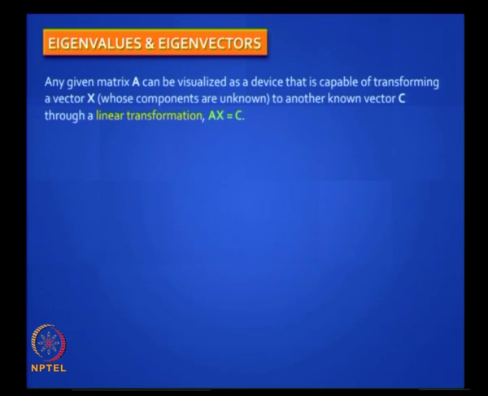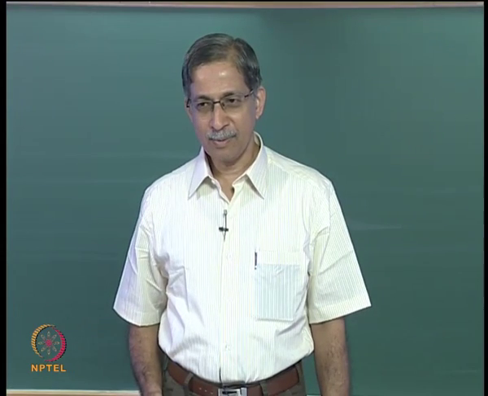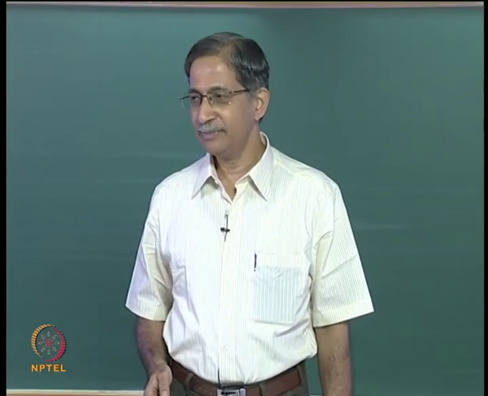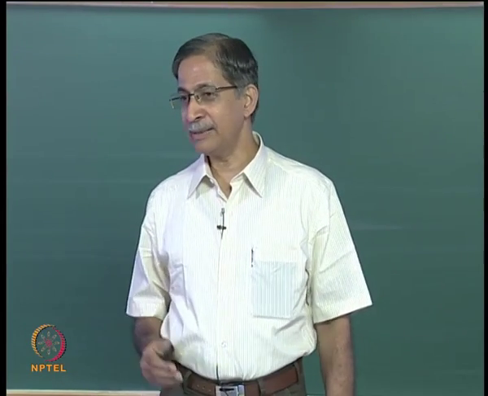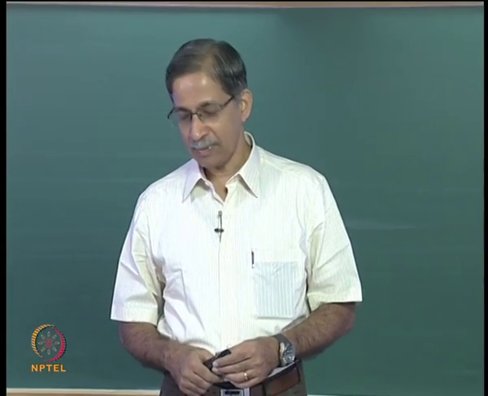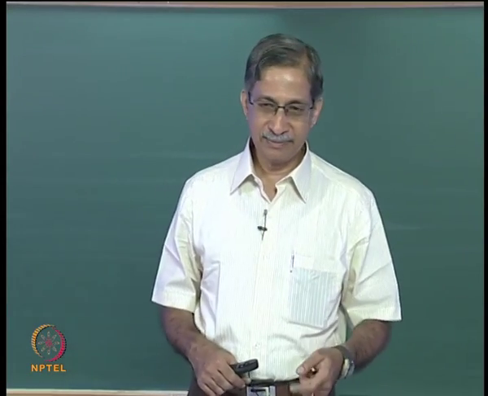Now where do eigenvalues and eigenvectors come in, from whatever you have learned so far? What does an eigenvalue transformation do? What does it do in a physical sense? What will be the end result after you do the transformation?